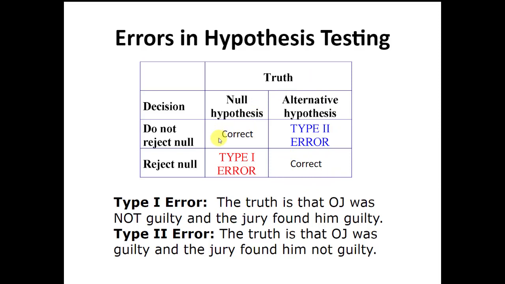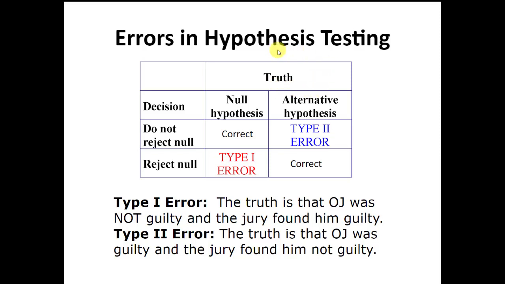So here in the situation with a jury trial, if they're innocent and the jury finds them innocent, then the truth matches the decision. If the truth is that they are guilty and the jury finds that there is enough evidence to reject the null of innocence, then the jury's decision matches the truth.